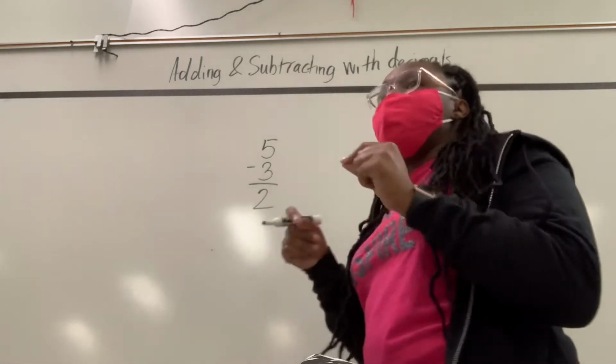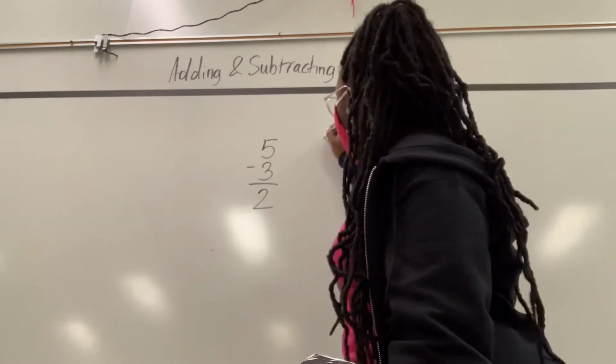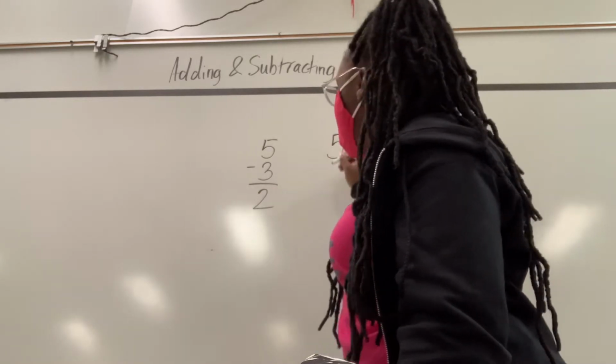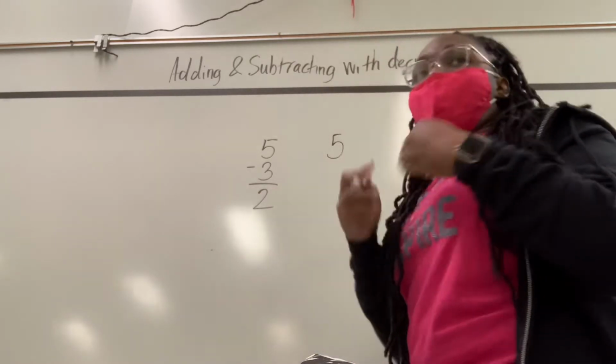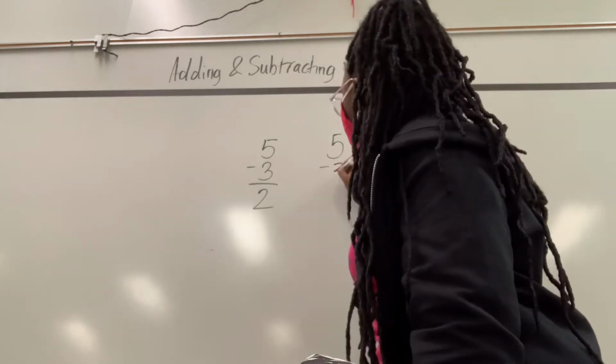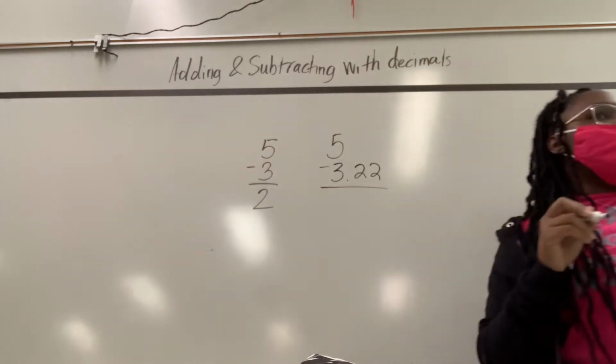So what we're learning today is when it's not $5, maybe you have $5, but the item that you're purchasing is $3.22. That's what we're learning. Does that make sense?